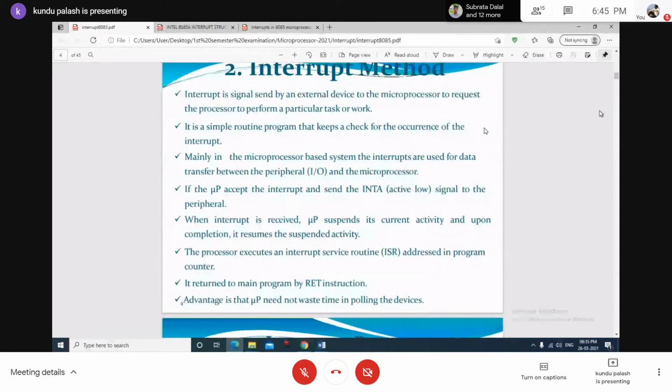The advantage is that the microprocessor does not waste time during the data transfer between the external device and its internal memory, because the microprocessor can give attention to its internal programs. When the interrupt occurs, with the help of the interrupt request signal, the microprocessor will suspend the execution of the main program and immediately give attention to a fixed, programmable task set aside in the interrupt service routine, the ISR.